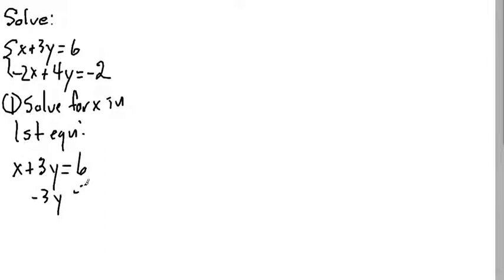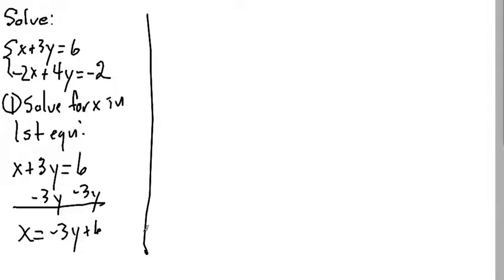I subtract 3y from both sides, and that leaves me with x is equal to negative 3y plus 6. Alright, now my second step, at this point I'm forced to take x and replace it in the second equation, to substitute it into the second equation. So I really have to plug this into the second equation.